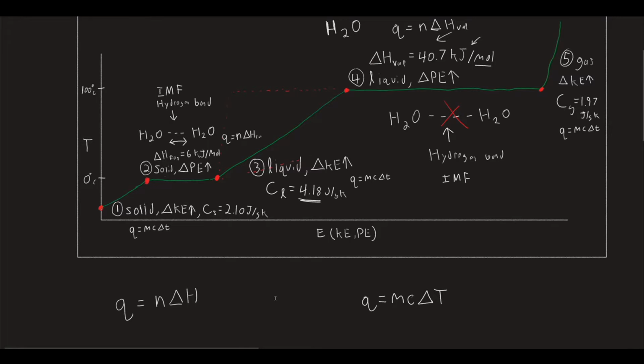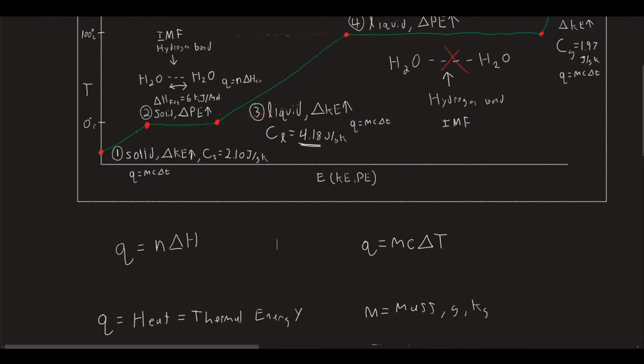Specifically, the enthalpy of fusion or the enthalpy of vaporization. The Q over here, MC delta T, represents the equation that corresponds to the values of M corresponding to mass, C corresponding to the specific heat of whatever compound we are talking about, and delta T corresponding to the change in temperature.